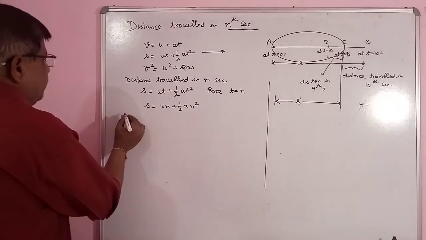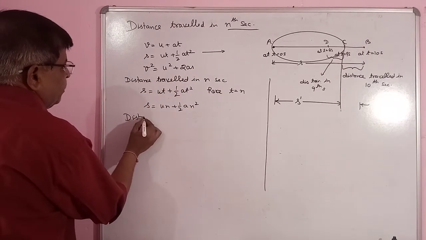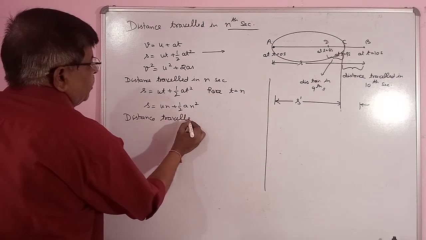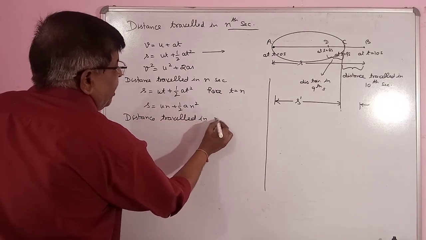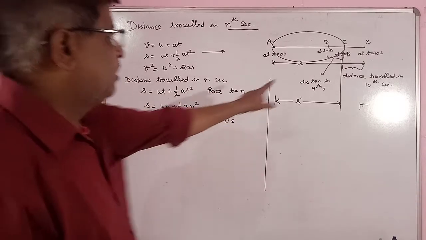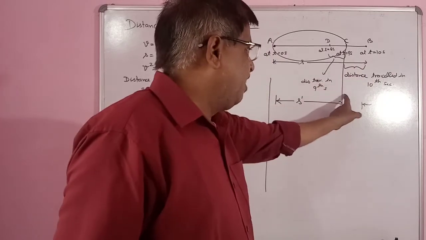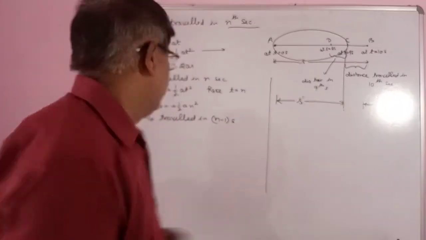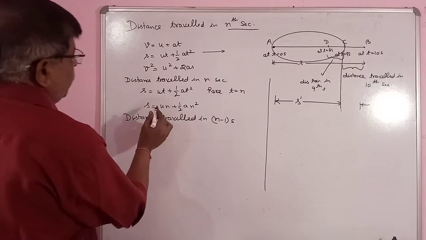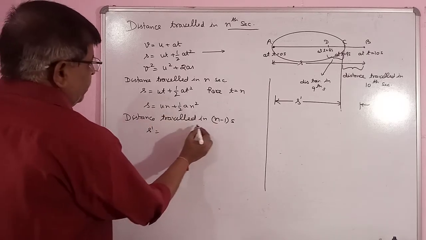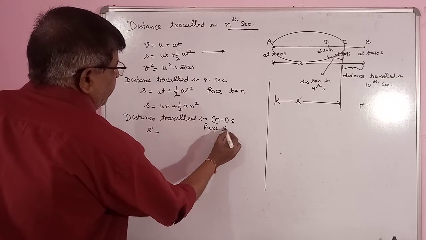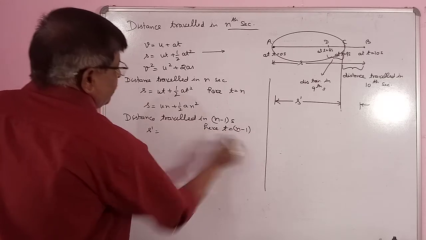Now second, distance traveled in n minus 1 seconds. This is n seconds, this is n minus 1, 9 seconds. So here this is s dash equal to, we can put here t equal to n minus 1.